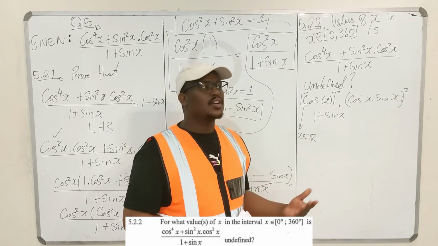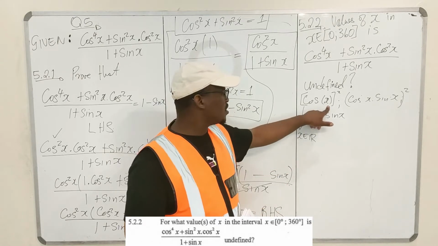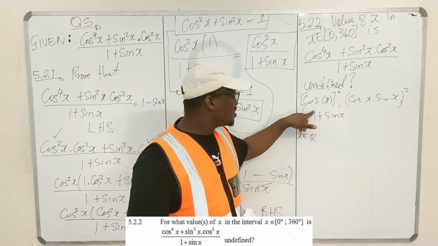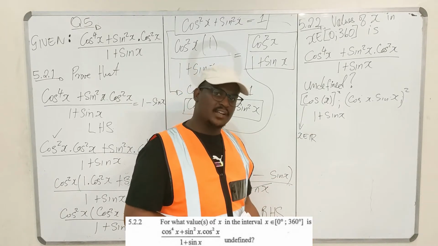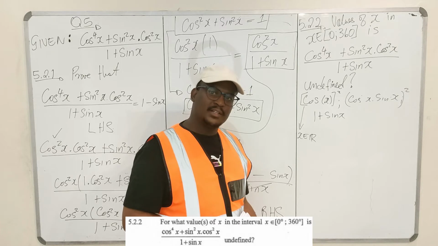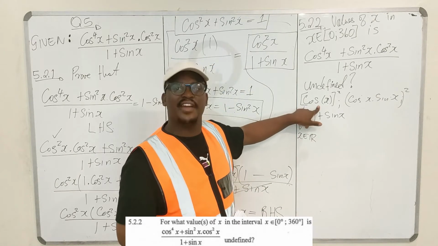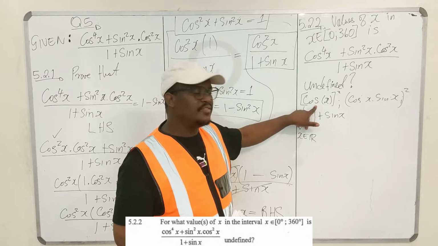For example, let's say cos 700. If you punch cos 700 and you get an answer, then cos is defined at x is equal to 700, right? That's what it means for a function to be defined. This thing has a value at any value of x.